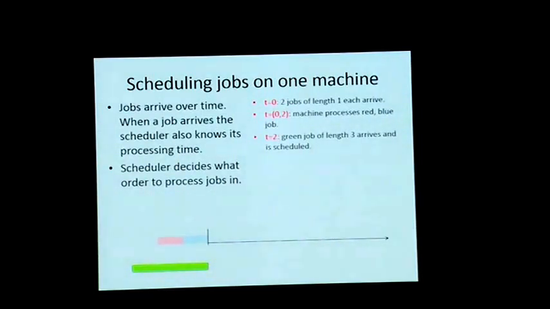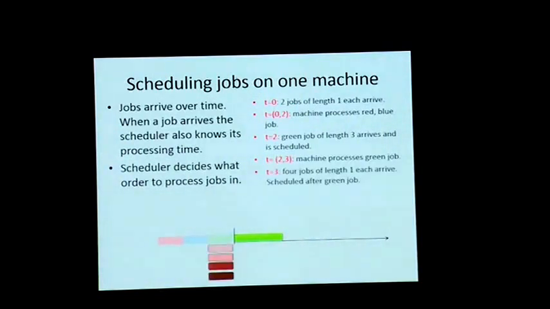Okay? Well, there is no decision to be made here really. The scheduler just decides to schedule this job and put it on the machine and starts processing it. Well, there is no other option but to process that job. And so from time 2 to 3, it processes this job. Okay? At this point, at time 3, 4 other jobs arrive. Okay?